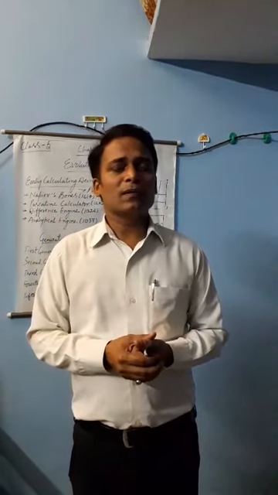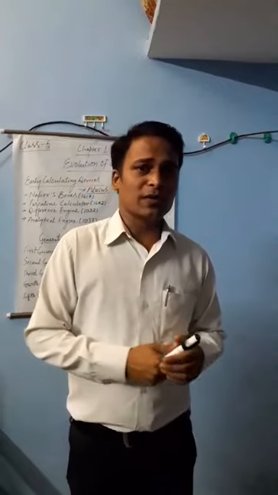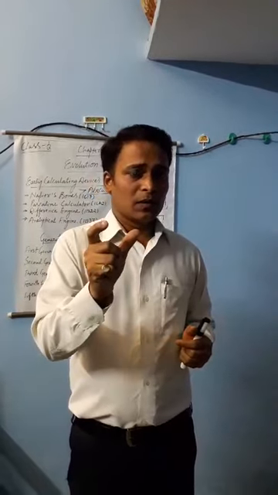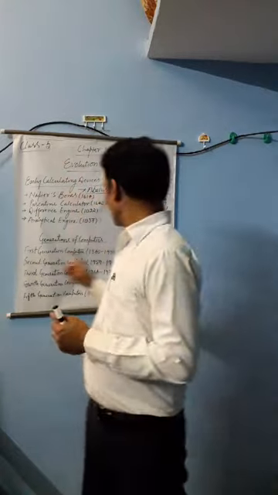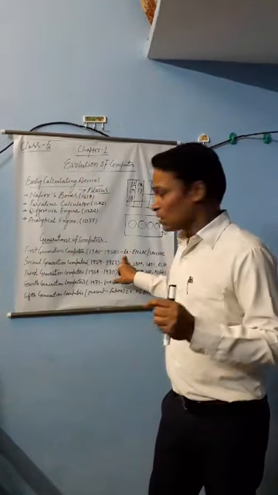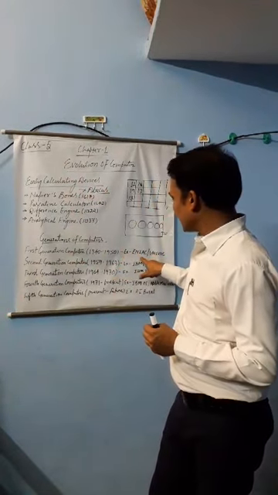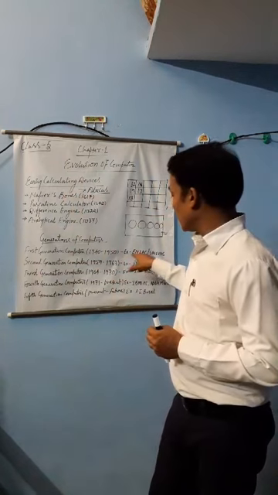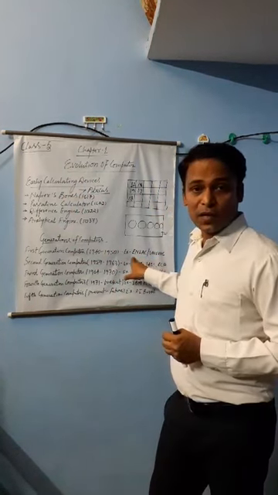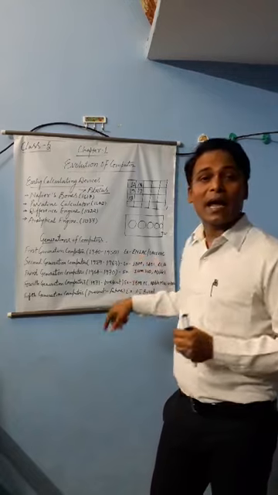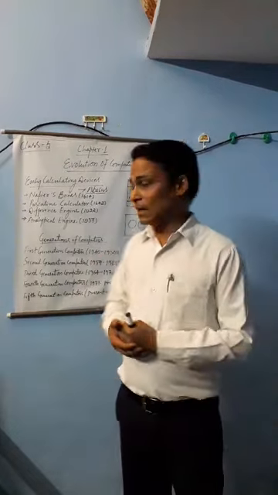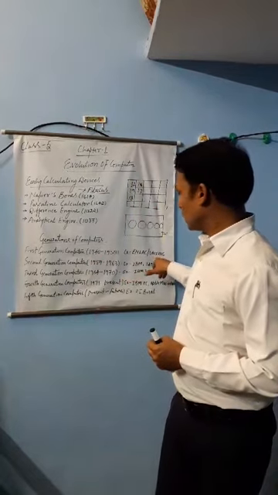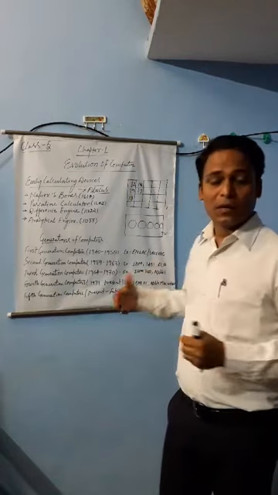But I want to tell you more about the first generation, the examples also. Examples of the first generation are ENIAC and UNIVAC. ENIAC is the Electronic Numerical Integrator and Computer, and the second, UNIVAC, the Universal Automatic Computer.